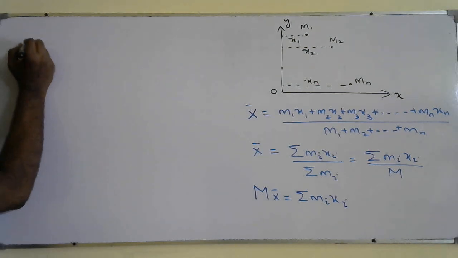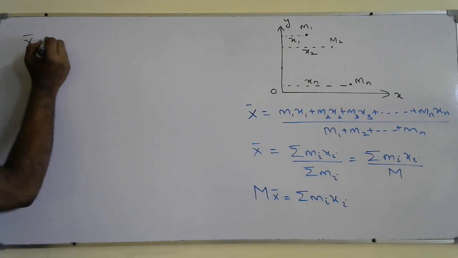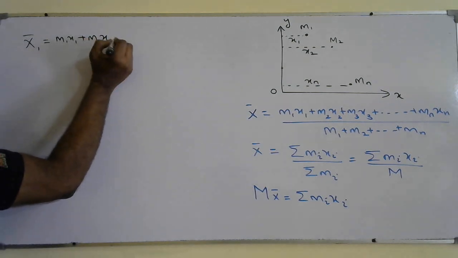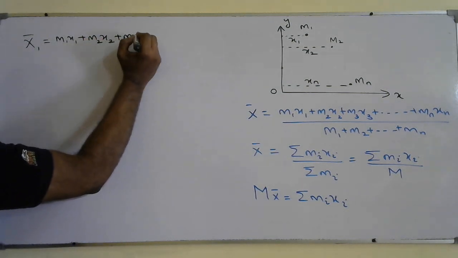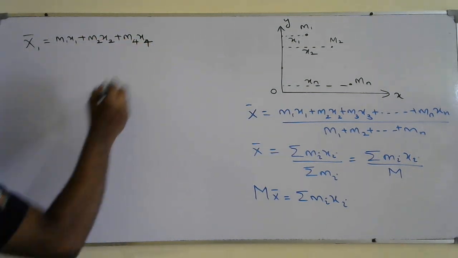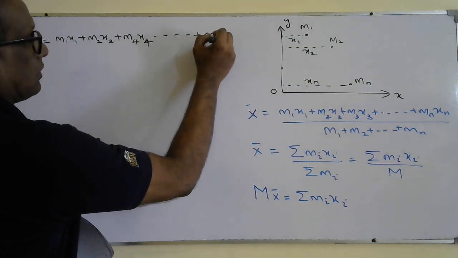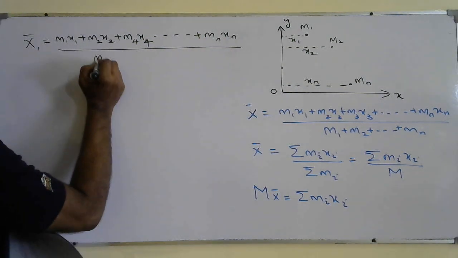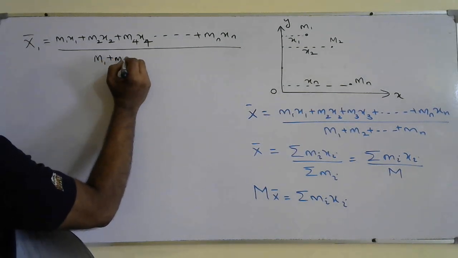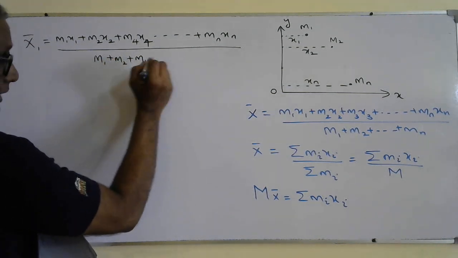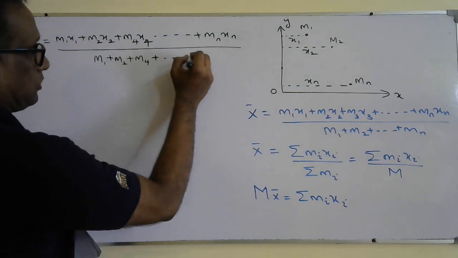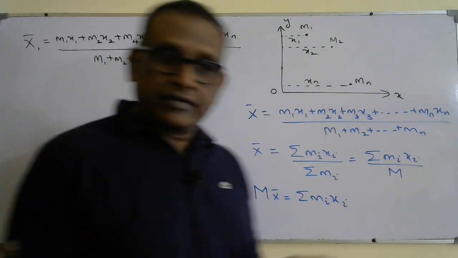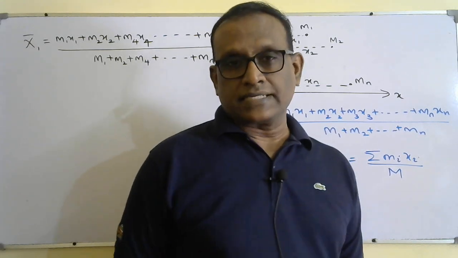So x1 bar is m1 x1 plus m2 x2 plus m4 x4, because m3 is removed, up to mn xn, over m1 plus m2 plus m4, m3 is not there, plus up to mn. That is the new center of mass of the particles remaining after m3 is removed from the system.